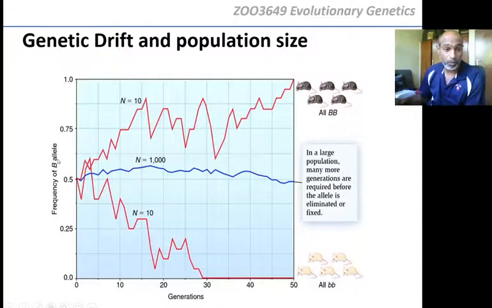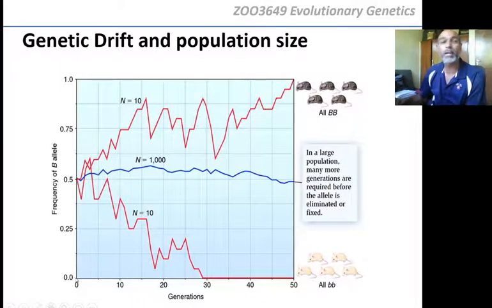The frequency of big B. So when the frequency of big B is 0, what is the frequency of small b? It's 1, because 1 minus any allele frequency gives you the other allele frequency, because they have to add up to 1. So at this point, the big B allele, which makes the black color, is 0.